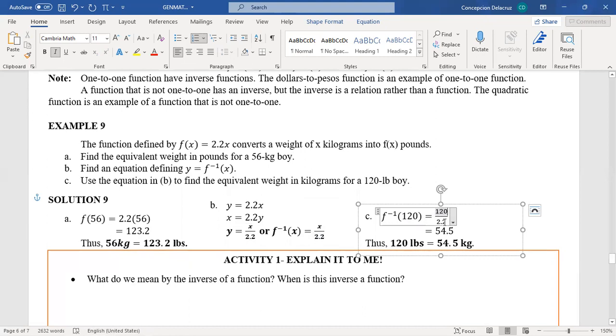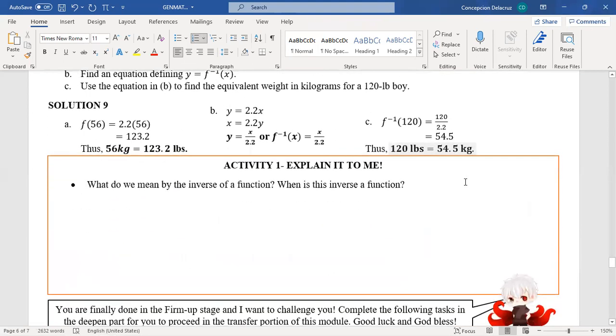So 120 divided by 2.2, we have f inverse of 120 which is 54.5. Thus, a 120 pound boy is equal to 54.5 kilograms. So the boy is only 54.5 kilograms.